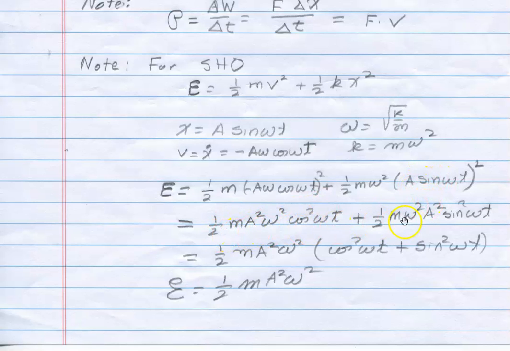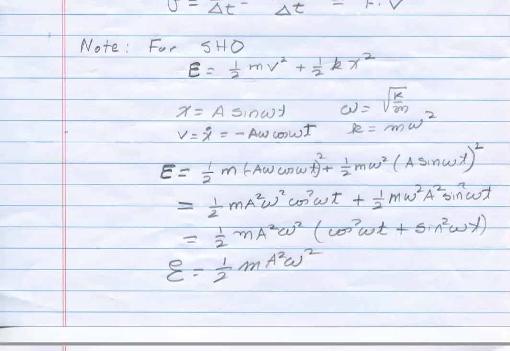And simplify a little bit, pull out a common factor, and get cosine squared plus sine squared, which is obviously 1. And so the total energy of a harmonic oscillator is proportional to the amplitude of oscillation. It's also proportional to omega squared, but we won't be so interested in that here.